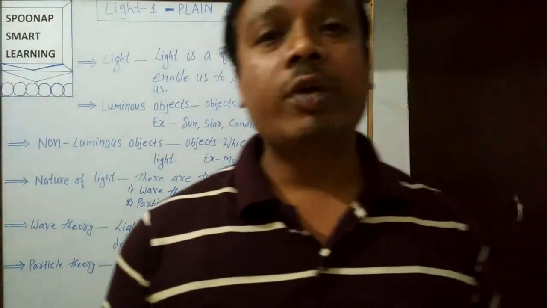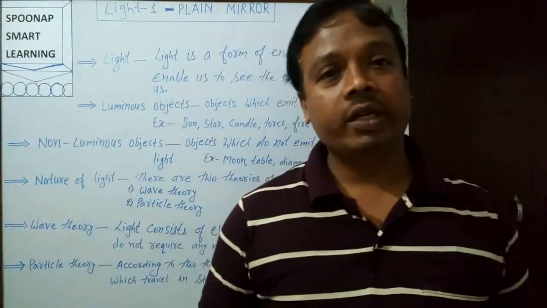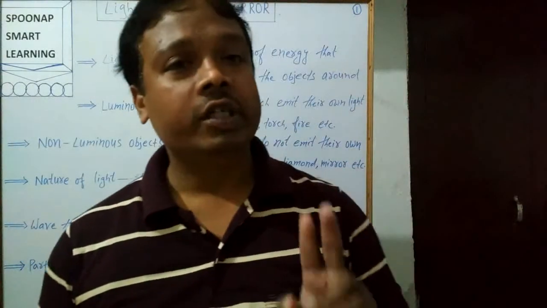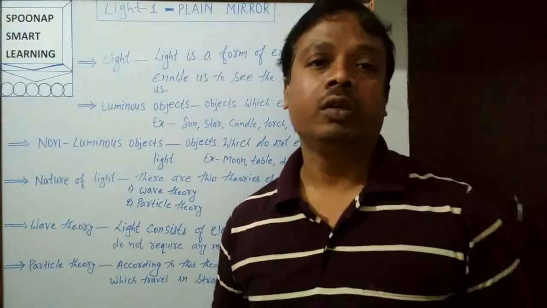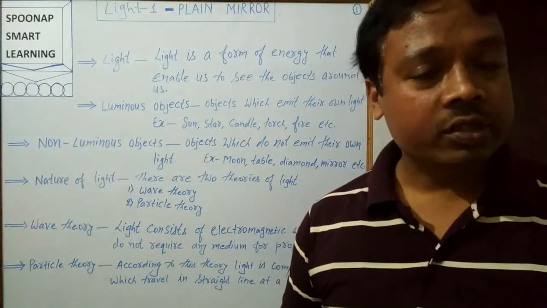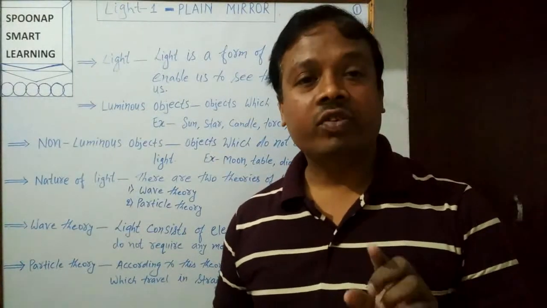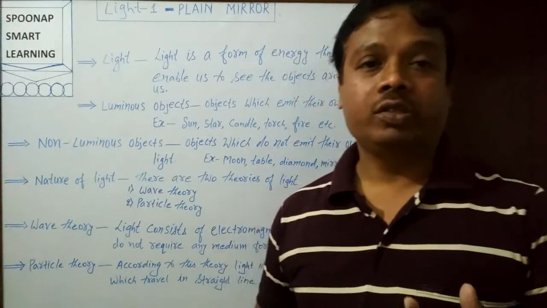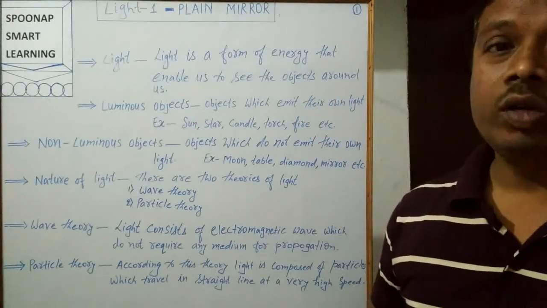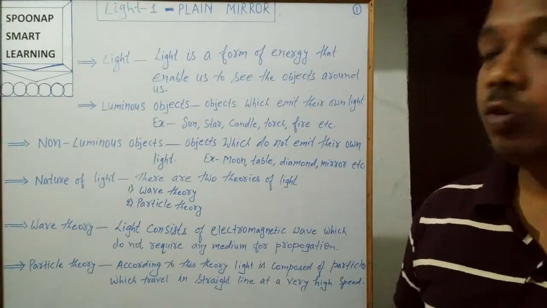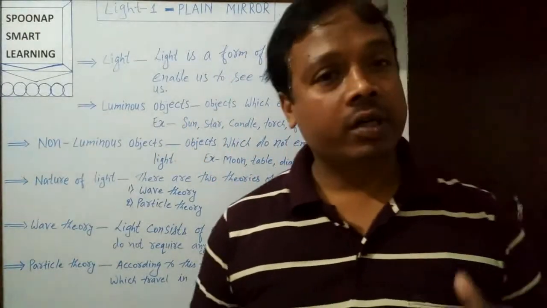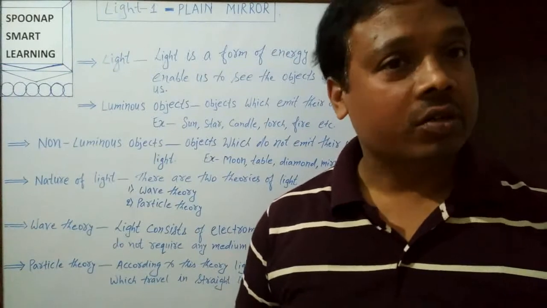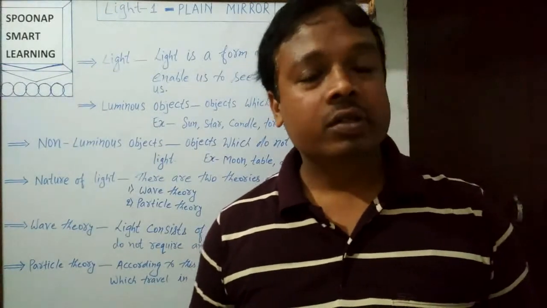On the basis of light emitting source, we can categorize the objects into two groups. Number first is luminous object. What does luminous object mean? Luminous objects refer to those objects which emit their own light. Emit means to give. Light giving objects are called luminous objects.